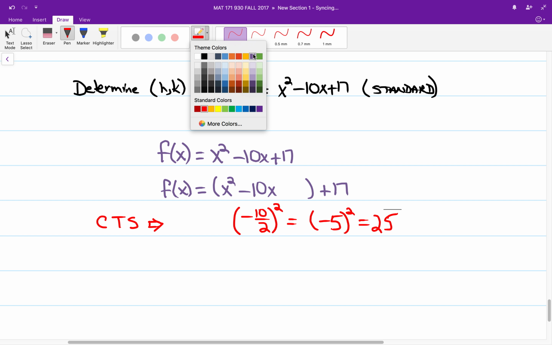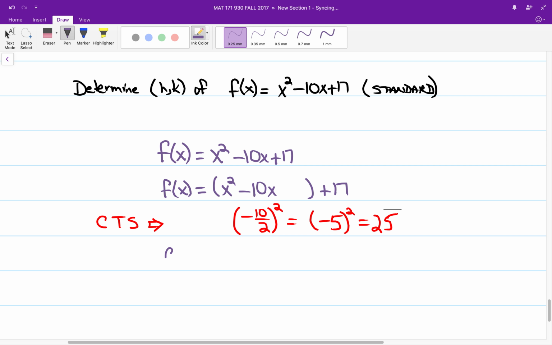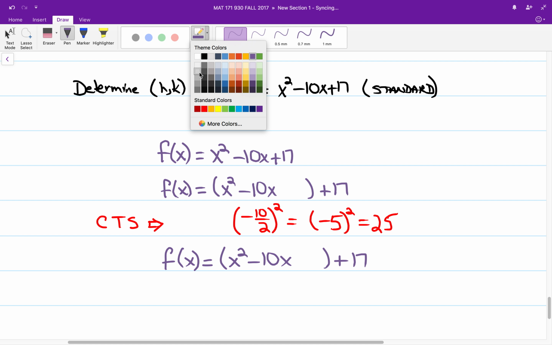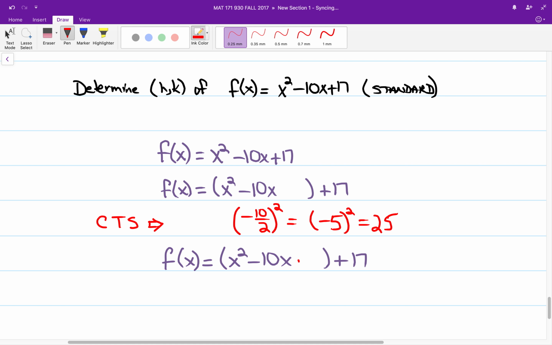So now we have f of x is equal to x squared minus 10x, and here we're going to add 25. To neutralize, I still want the equivalent of x squared minus 10x plus 17, but upon adding 25 at the front I have 42.